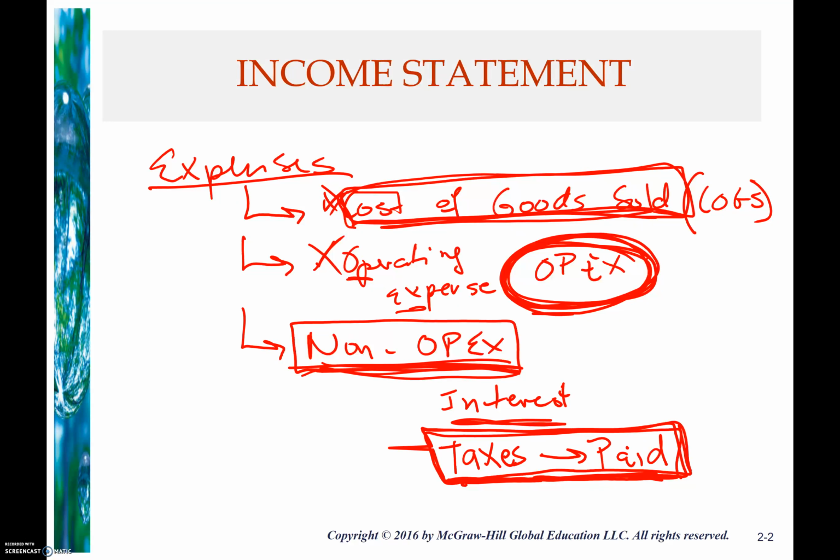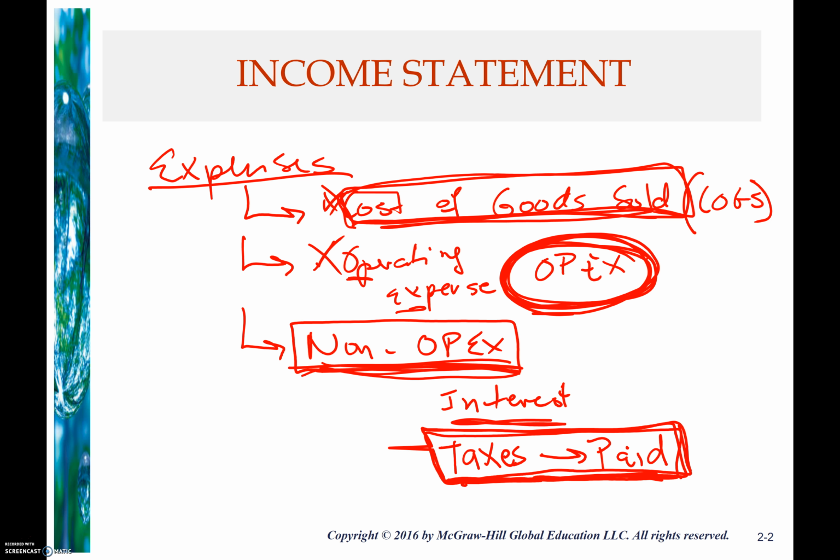So make sure you understand the nuance between taxes paid and accrued expenses or accrued taxes. Now, these are expenses. So you have your cost of goods sold, which is your raw material and any shipping costs associated with it. You have your operating expense, which is basically any cost incurred during the normal course of your business.